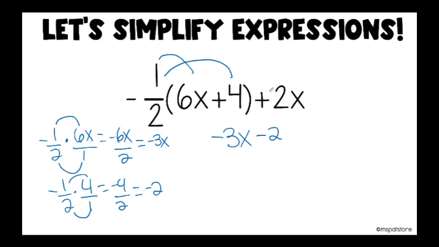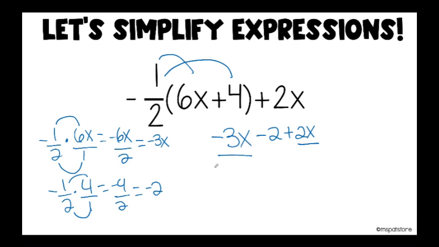And now I'm going to bring this term down. Positive 2x. As I can see, there are some like terms in here. Negative 3x and 2x are like terms. They have the same variable raised to the same power, invisible 1.